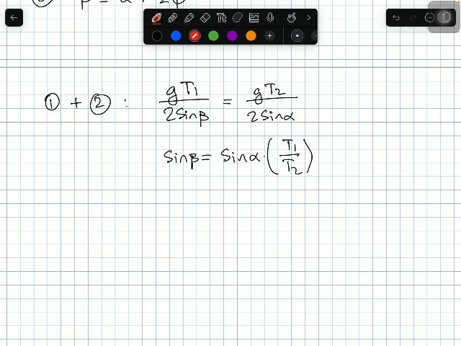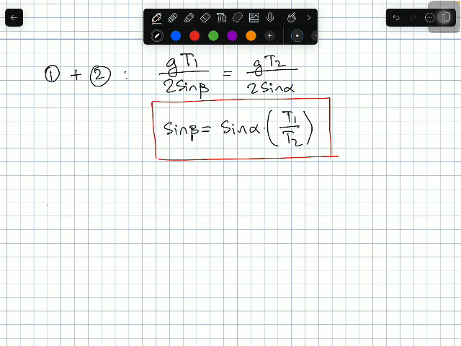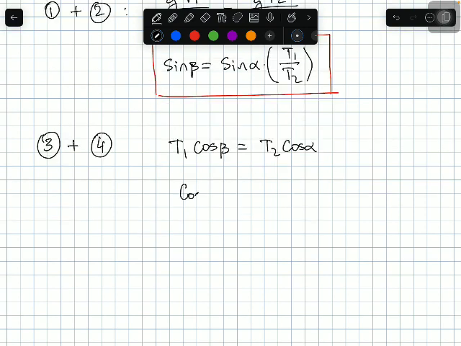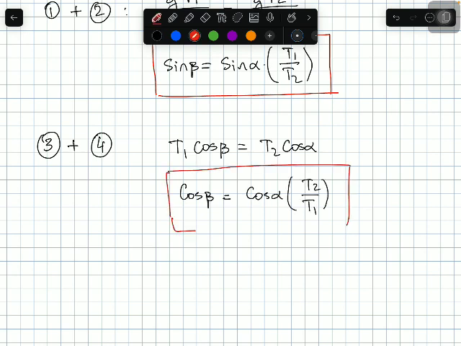And this relation will be useful to us in the future. Combining equations 3 and 4, we get the following relation. t1 cosine beta equals t2 cosine alpha. From here, we get cosine beta equals cosine alpha multiplied by t2 over t1. And this relation is also going to be useful for us in the future.